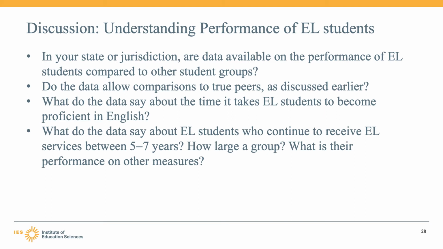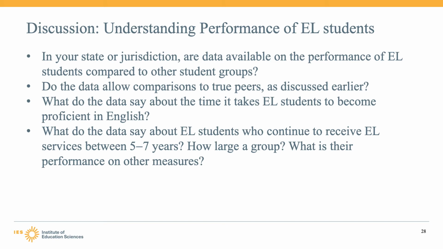So at this point, I wanted to invite the participants today to think about a set of questions. It's almost like a prompt to get some thinking about these various questions.